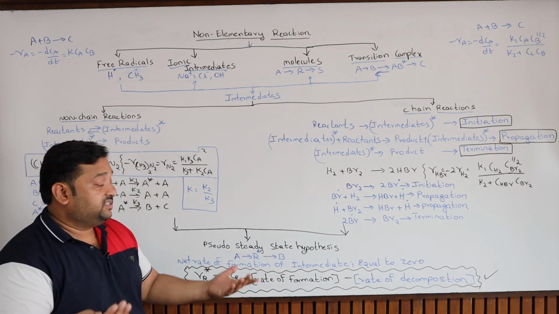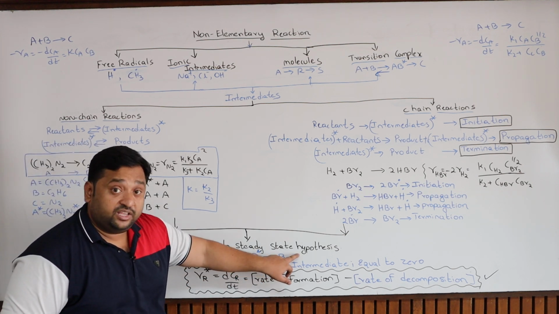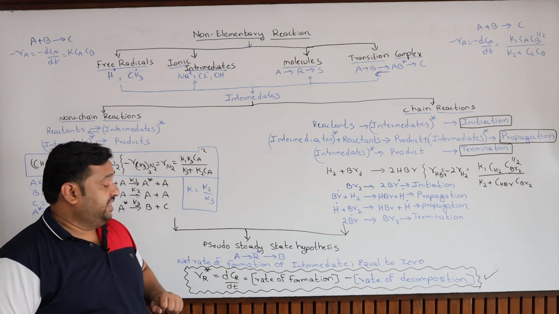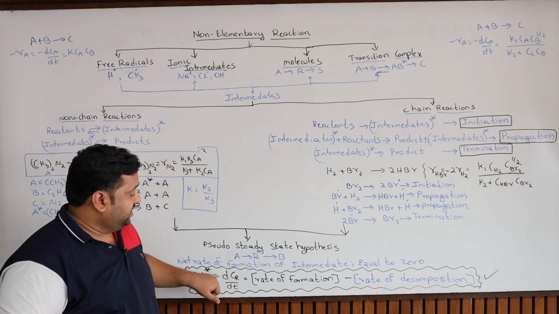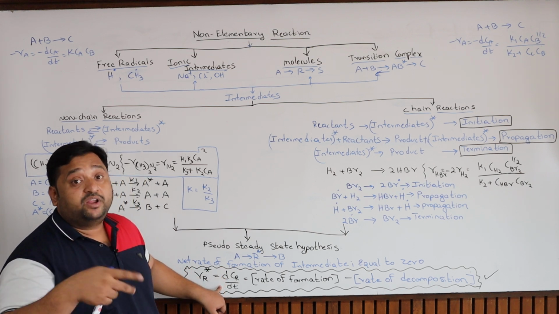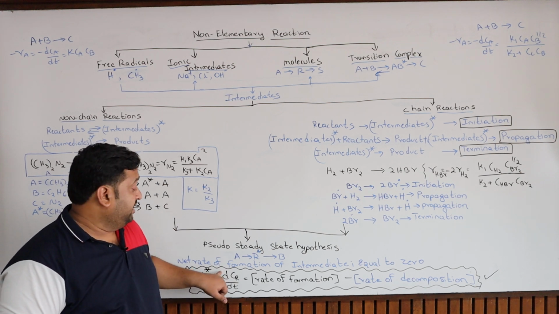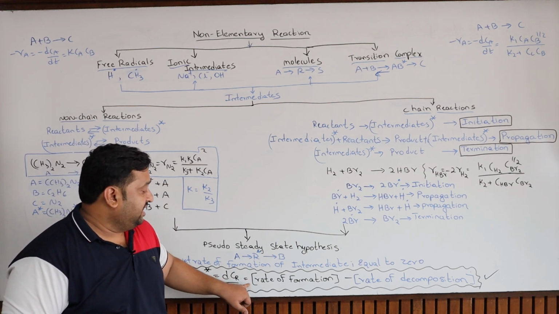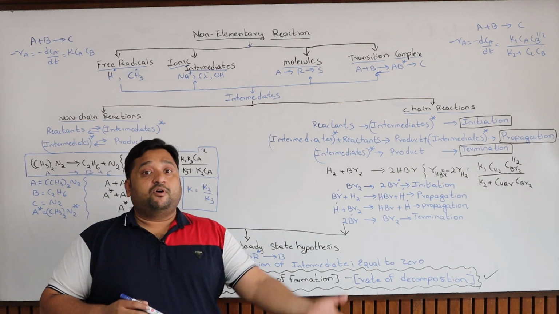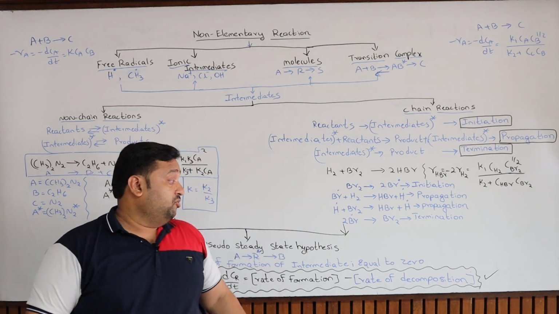In this hypothesis, if A gives rise to R, R gives rise to B, and R is my intermediate, then the rate of formation of intermediate is dCR by dt. Formation is always positive, that is why there is no minus symbol here. So the rate of formation, dCR by dt, is nothing but formation minus decomposition equal to 0.